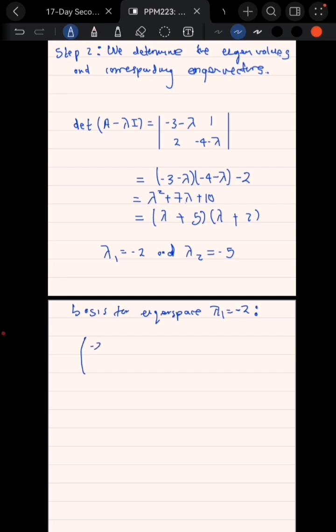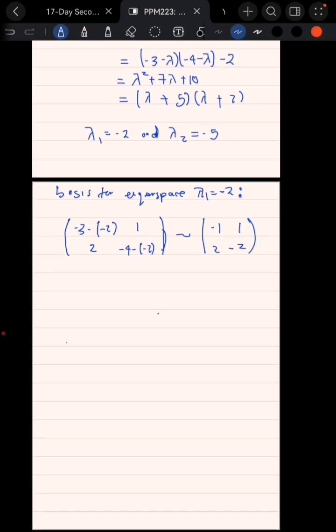So we are going to have -3 minus (-2), 1, 2, and then -4 minus (-2). Minus 3 plus 2 is minus 1, 1, 2, and minus 4 plus 2 is minus 2.